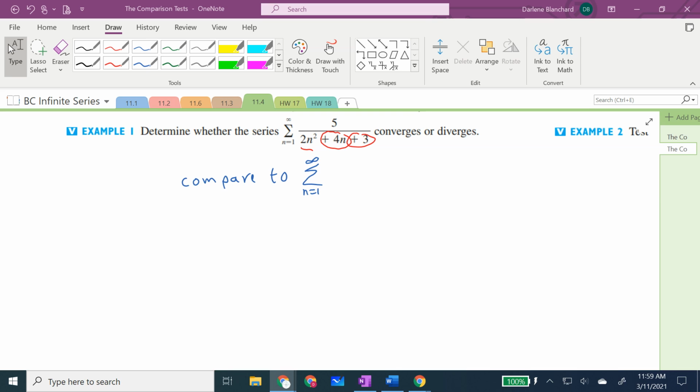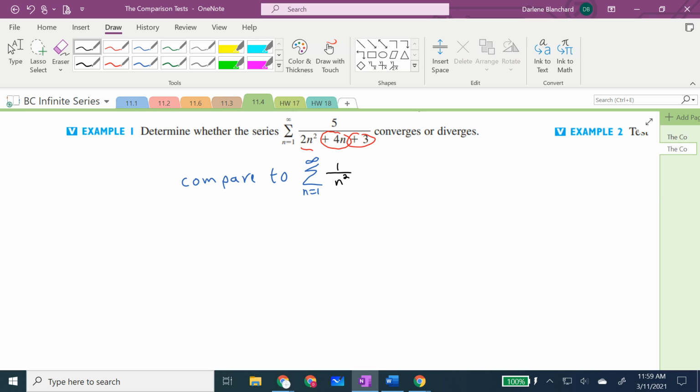Now, I know that some of you are going to want to just write 1 over n squared, which is fine. It may just make your ability to show that this compares harder.